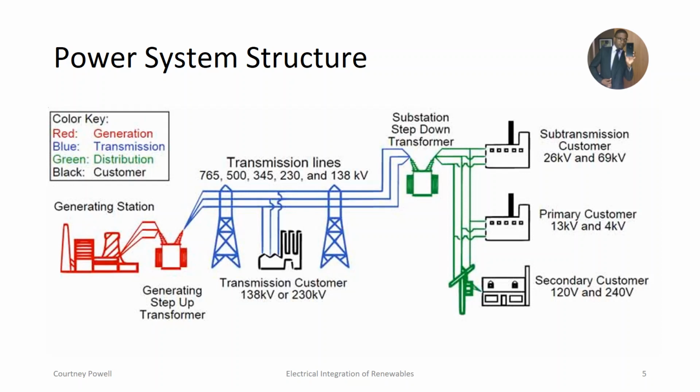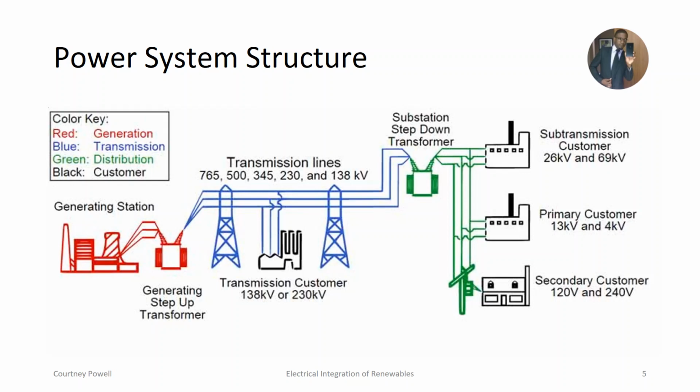The generation plant is usually connected to the transmission system, which is an interconnection of high voltage lines, right? And usually to get from the generating to the transmission level, there's what we call a step-up transformer that steps the voltage up from a low voltage at the generating site to a high voltage for the transmission of bulk power, right?